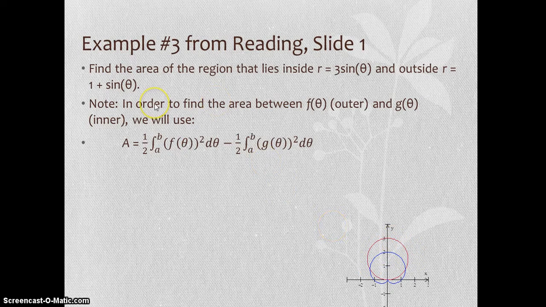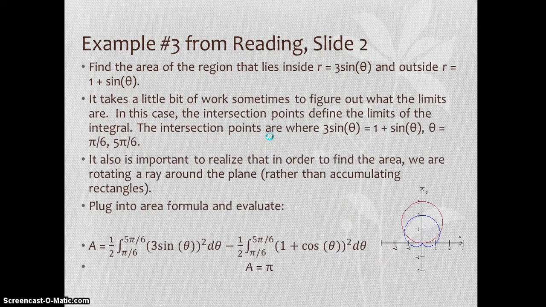In order to find the area between two curves, we're going to find the area of f of theta, which is the outer function, the red circle, r equals 3 sine theta, minus the area that we get when we do 1 plus sine theta, which is the blue function. We'll call that g of theta.